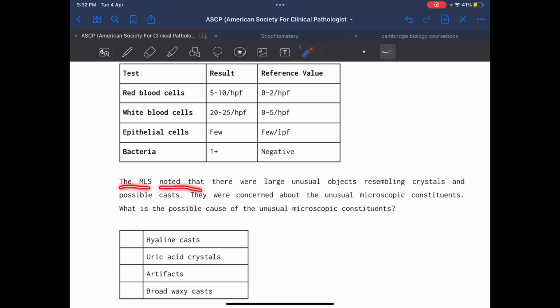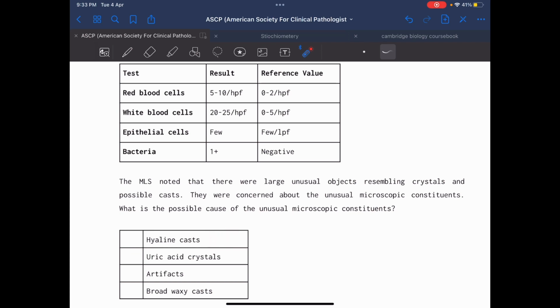Technologists noted that there were large unusual objects resembling crystals and possible casts. They were concerned about the unusual microscopic constituents. Our question: what is the possible cause of unusual microscopic constituents?